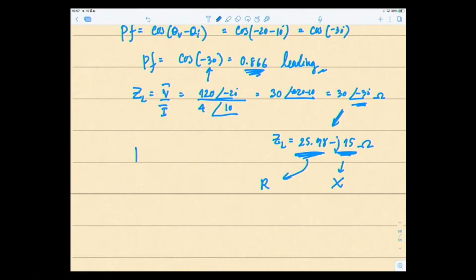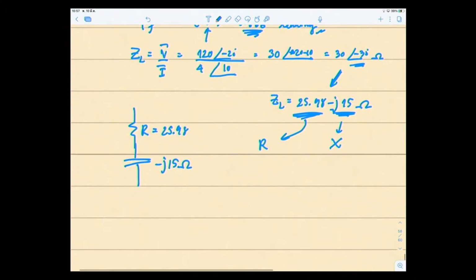So at least you know one thing, it's an R equal to 25.98. And it's connected to something, but you say it's a leading capacitive load. That means it's in series with a capacitor with the value of minus j15 ohms. It's minus j, so you can think of XC.